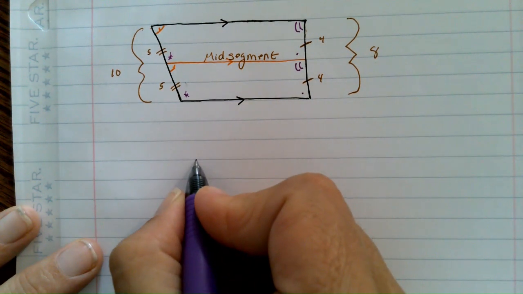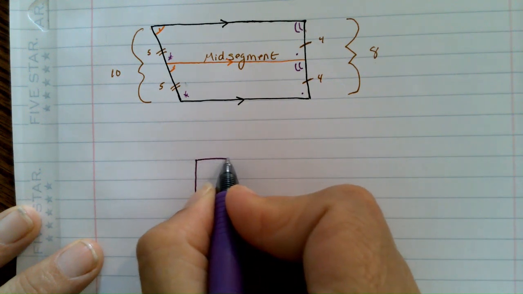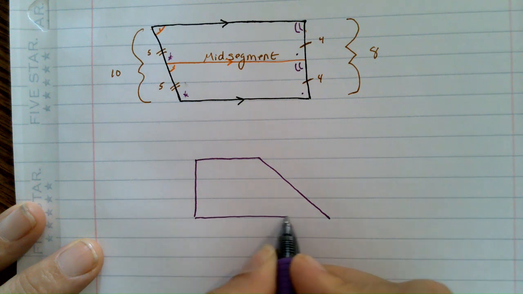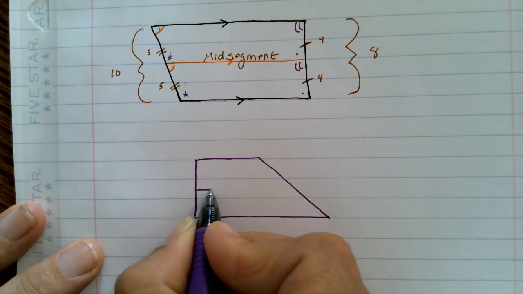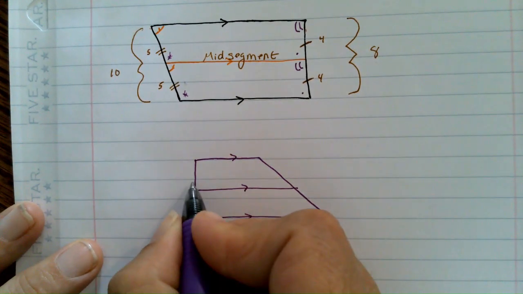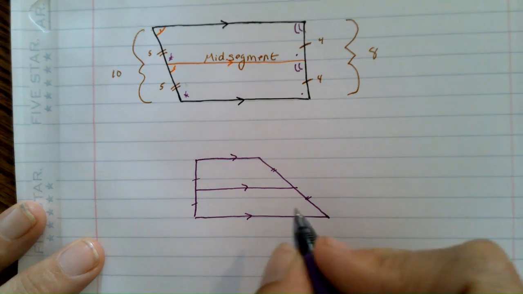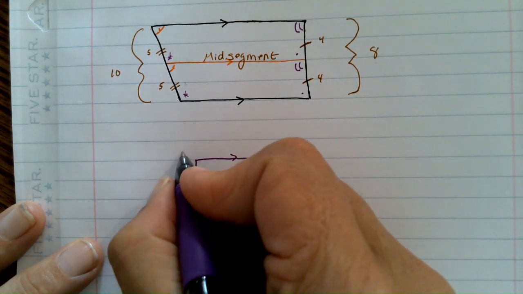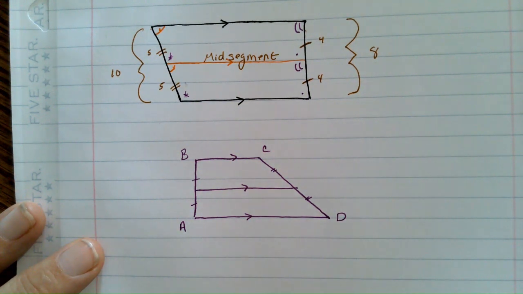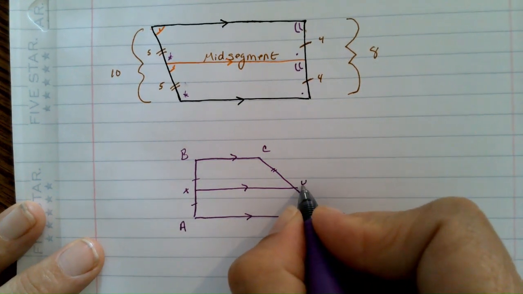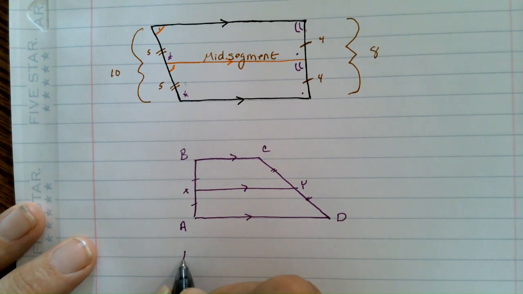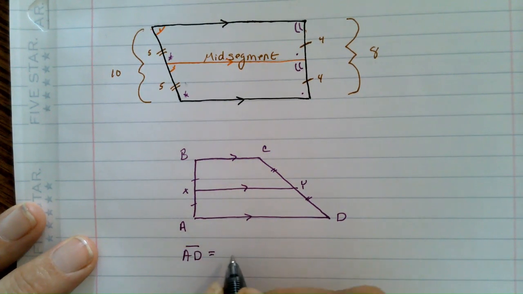Okay, so what if we have this scenario? Parallel to parallel to parallel. Okay. A, B, C, D. I'm going to call this X and this Y. The length of AD is 20.